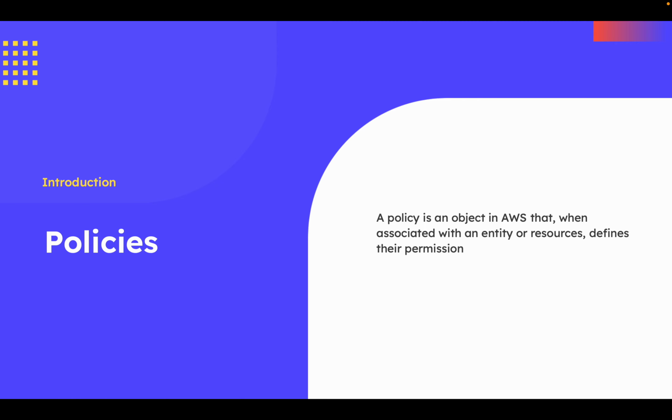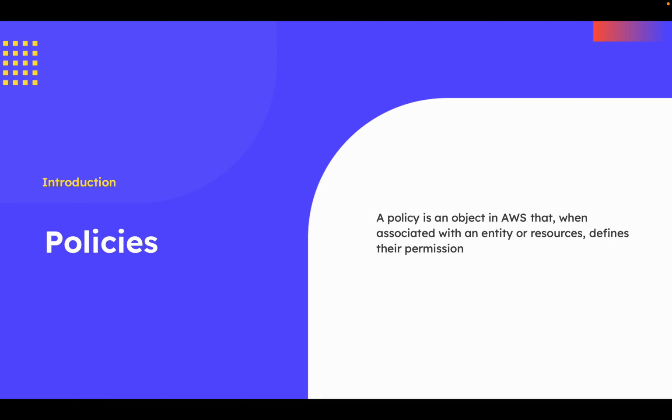In AWS, we have thousands of services, right? So when I create a user, I don't want to give all these thousand permissions to that particular user. That is not a good practice. The practice is, whenever I create a user, I give specific permissions to that user. For example, say I'm creating a user for an account manager who, just for the sake of discussion, needs to see only the billing details.